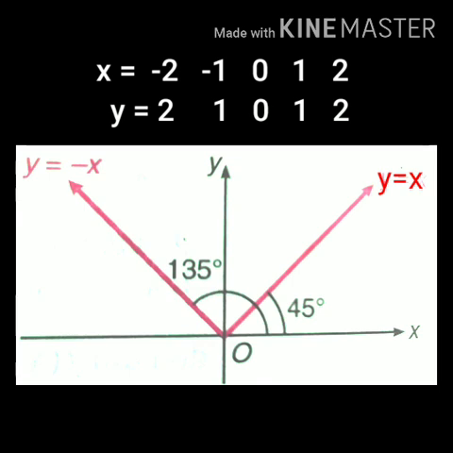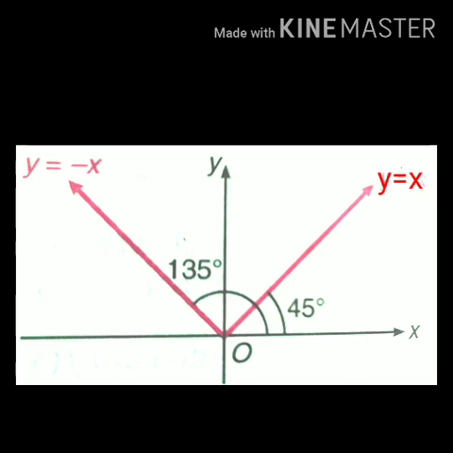As the values of y are positive for negative and positive values of x, we get both the straight lines above the x-axis to infinity. So we can say both the straight lines give values from 0 to infinity.